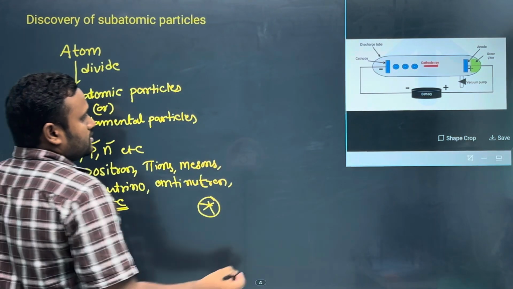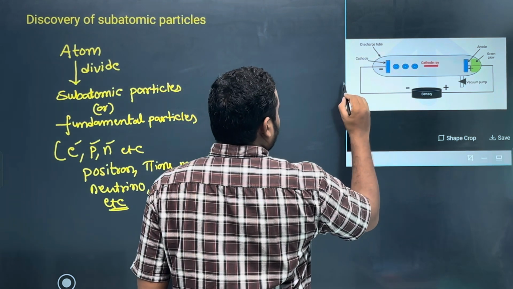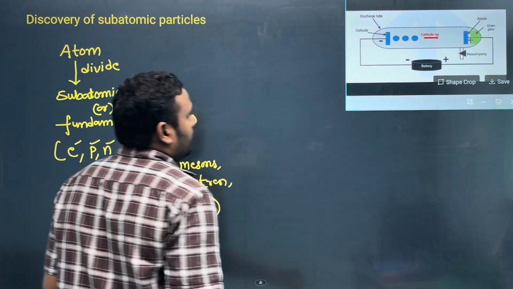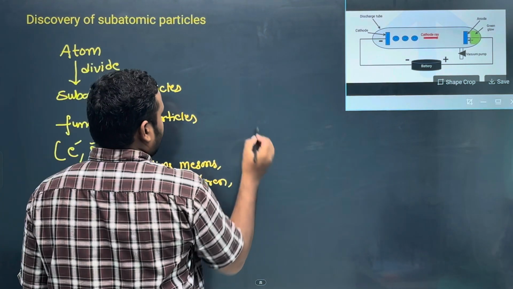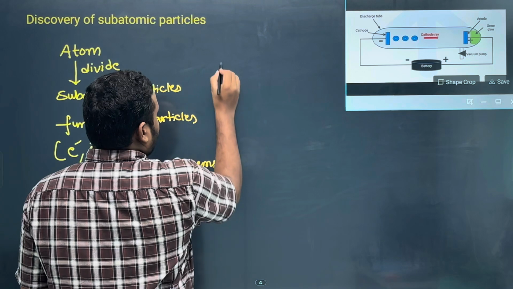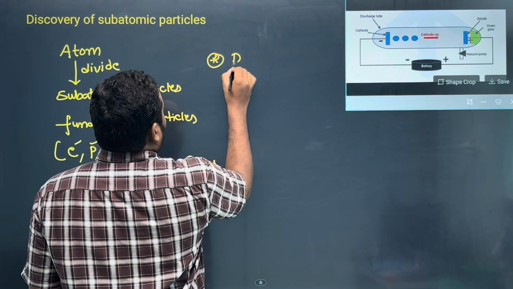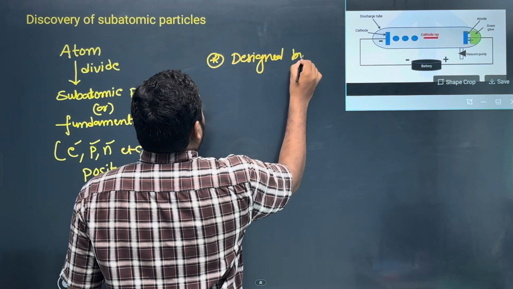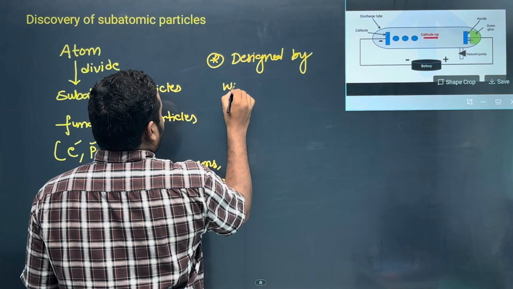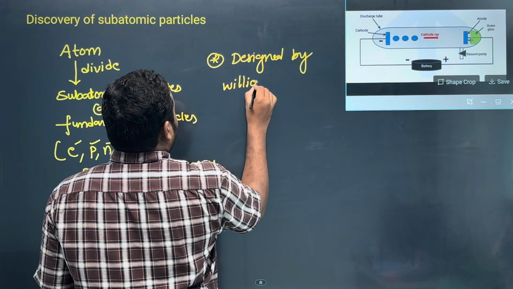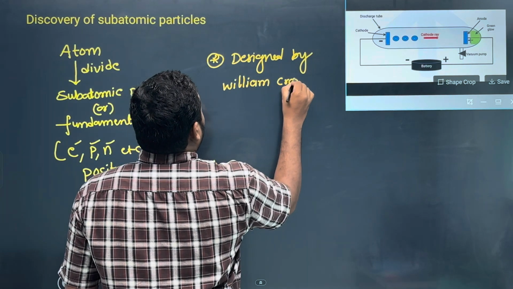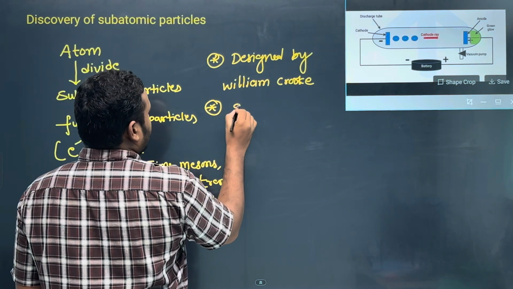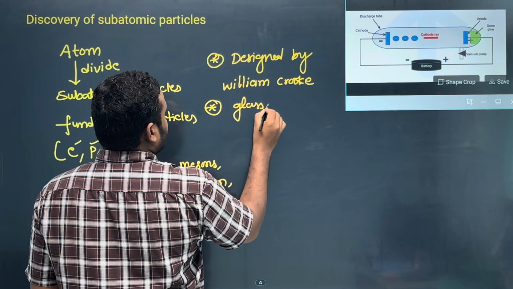Okay, the discharge ray tube was designed by the scientist William Crook, and it is made of a glass tube.